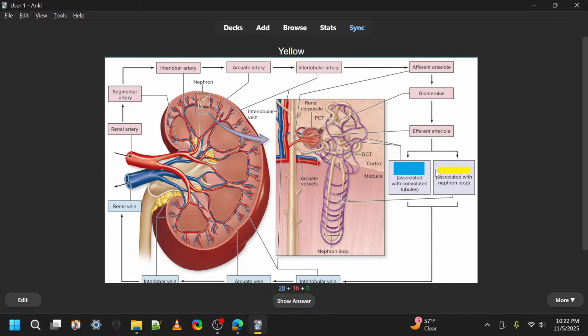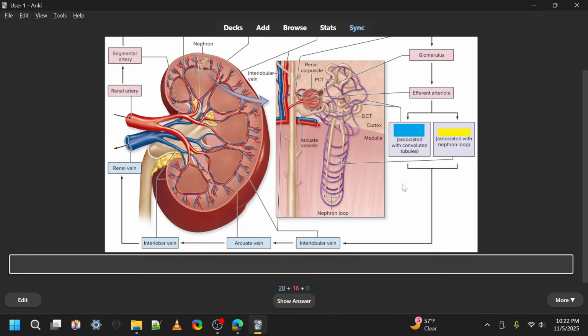Okay, so what is the yellow? So the yellow is talking about these right here that are next to the loop of Henle or the nephron loop. So these ones are the vasa recta. Vasa recta. So these are the ones that carry the solutes in the opposite direction of the loop of Henle.